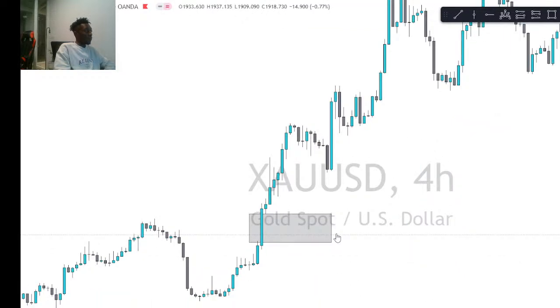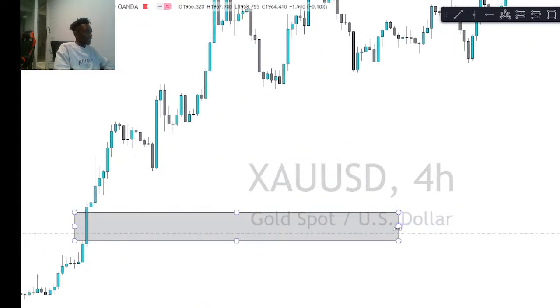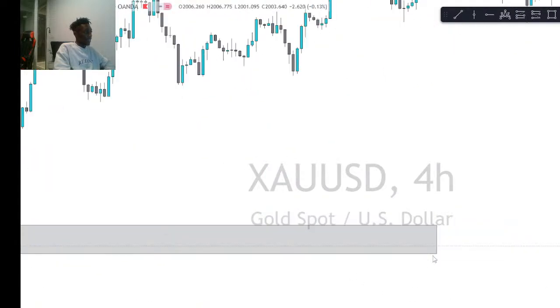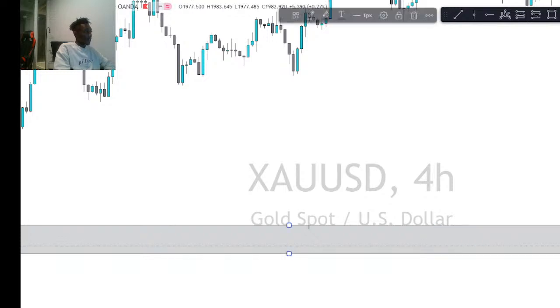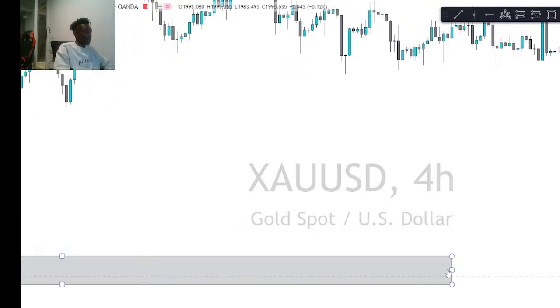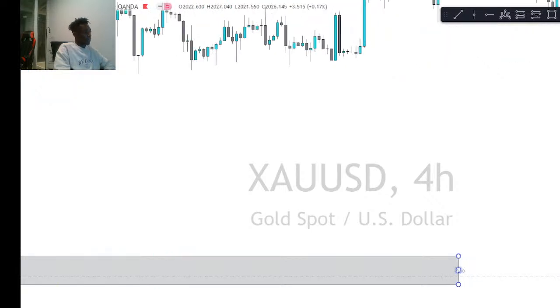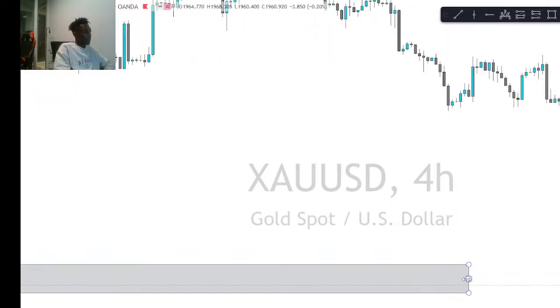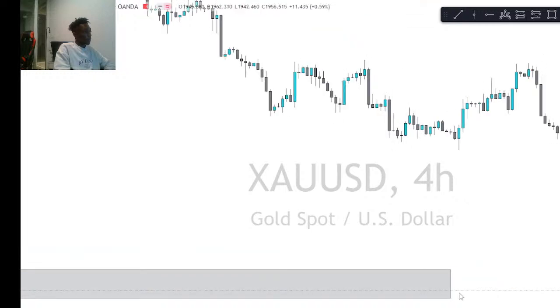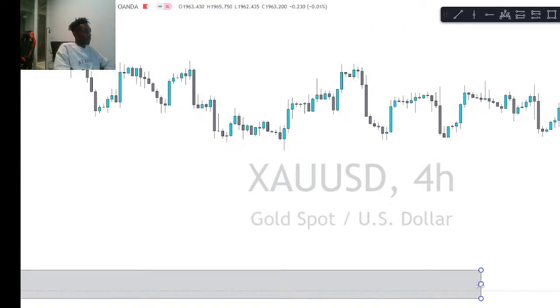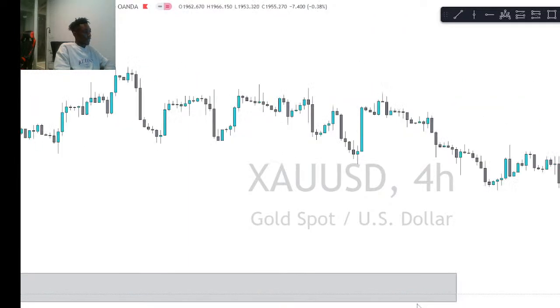So if we extend this gap to the right, let's see, is the market reacting in that fair value gap, or is it breaking the fair value gap? So let's see. Let's extend the fair value gap to the right.